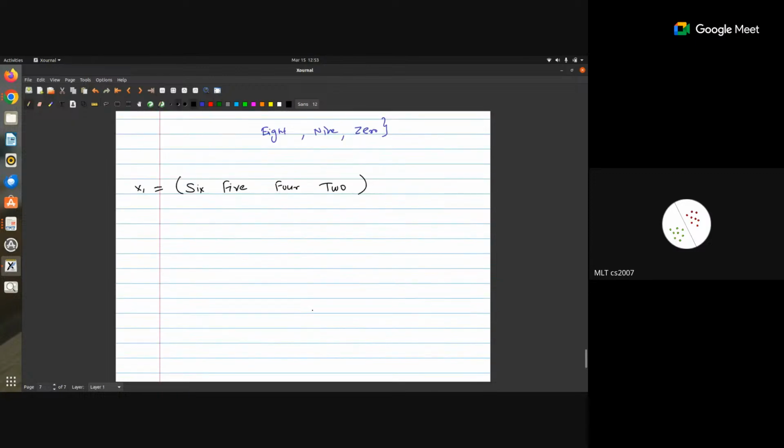We should have a fixed size vector. So can I say that x1 will be equal to this vector? We have started with this vector, right? So this was having 1, 2, 3, 4, 5, 6, 7.